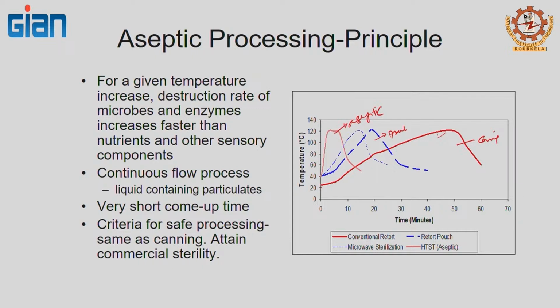The target bacteria for thermal processing for sterilization is Clostridium botulinum, and the indicator or surrogate organism for sterilization is Clostridium sporogenes. So we use the same concept, except you are going to use much higher temperatures.